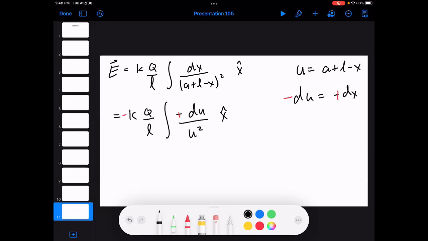Let me write it in a slightly different way, and you guys might be happier. u to the -2. Can you do it in your head now? That's okay. We are going to remember that when we integrate, we add 1, and then we divide by whatever we have. So we just do the opposite of the power rule.